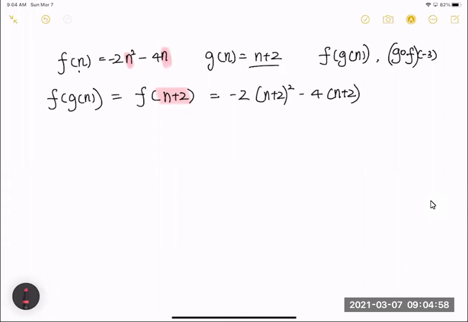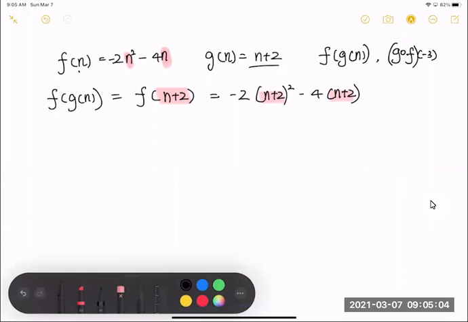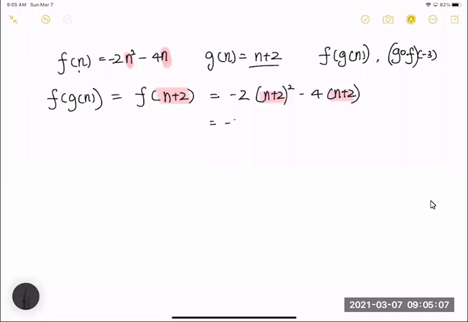And now we simplify it. So I have negative 2 times n squared plus 4n plus 4, minus 4n, subtract 8. You simplify it, you have negative 2n squared minus 12n subtract 16. So that's f composed with g at n.